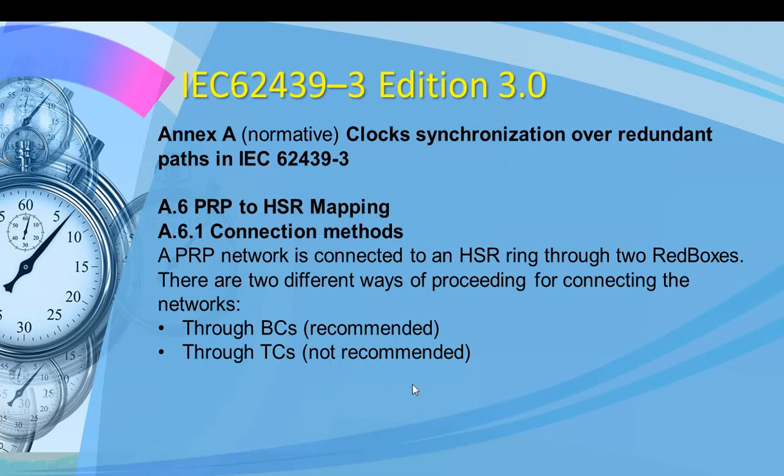Similar to version 2.0, there are 2 different methods to connect a PRP network to an HSR network. We can use a boundary clock. Boundary clock is recommended, and we can also use a transparent clock, but transparent clock is not recommended.